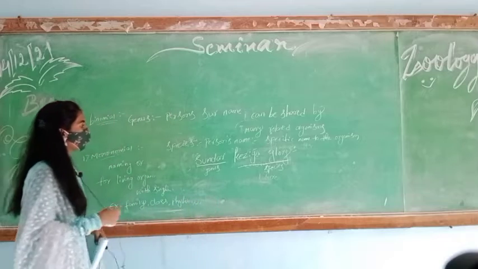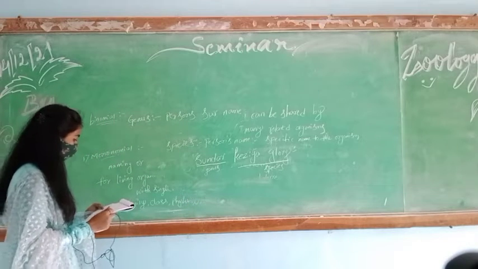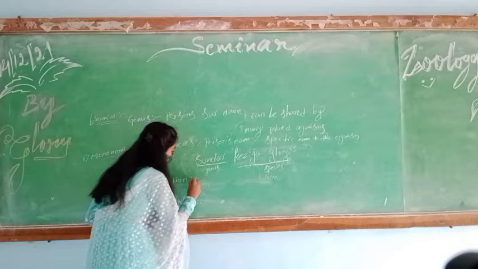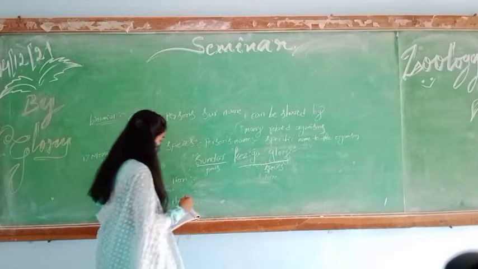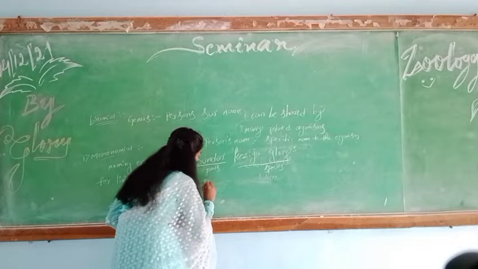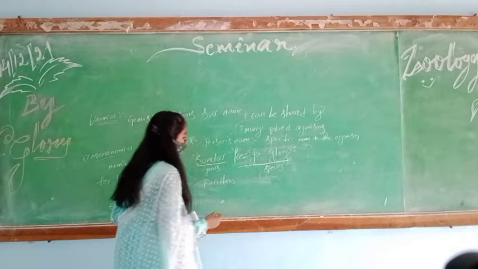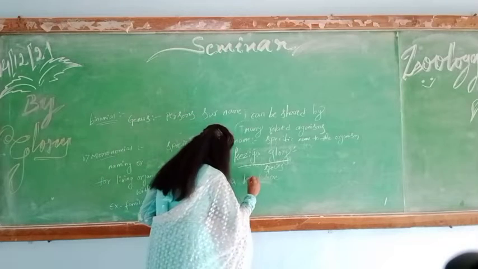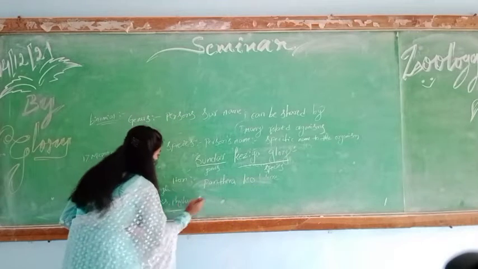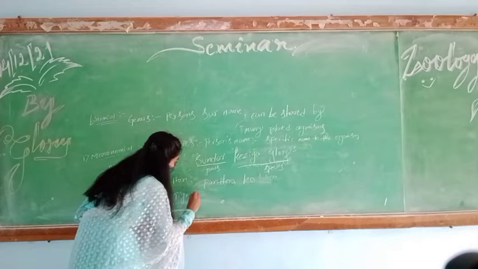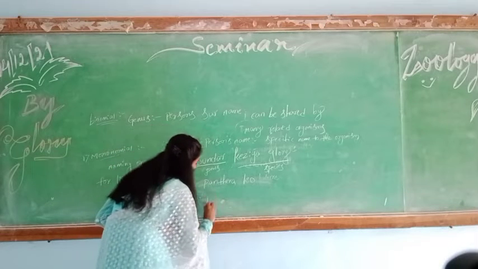And the lion we will define like this. Lion scientific name is Panthera leo. Tiger scientific name is Panthera tigris.